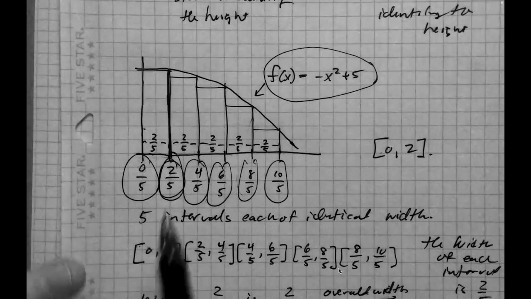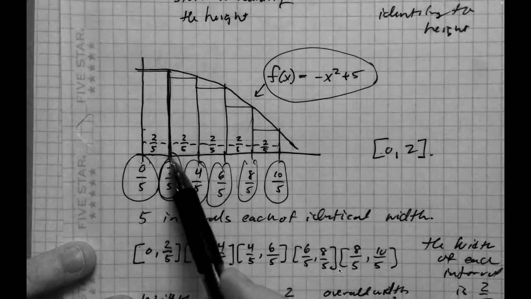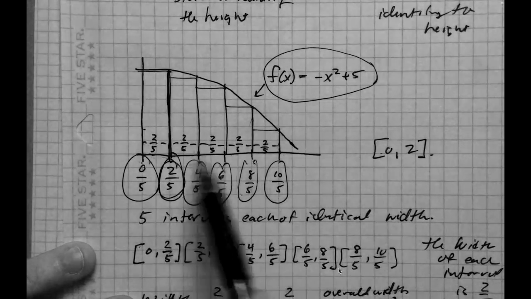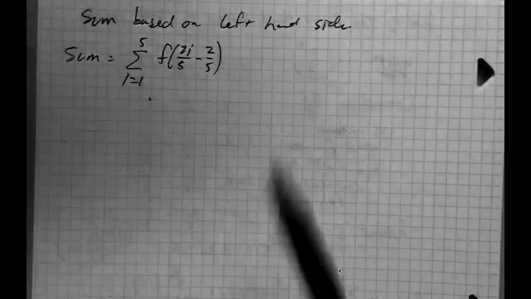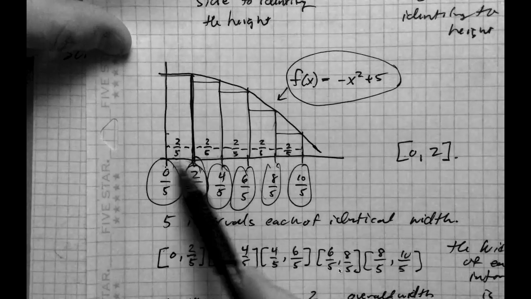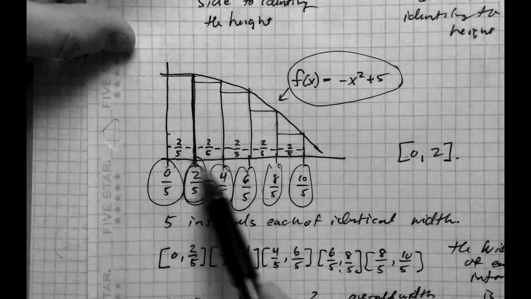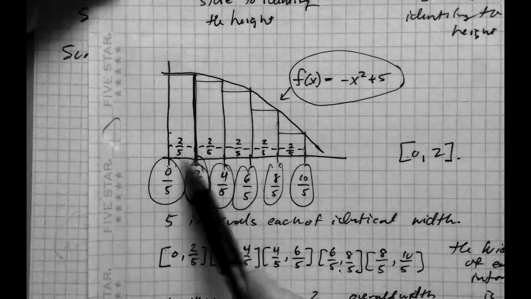Before it was 2i over 5, which would get you this endpoint, this endpoint, this endpoint. Now it's 2i over 5 minus 2/5. 2i over 5 gets us here, and if we want the other interval, we have to subtract 2/5. So that would get you this side. Hopefully that's basically the same derivation, just minus 2/5, just scooched over a bit.